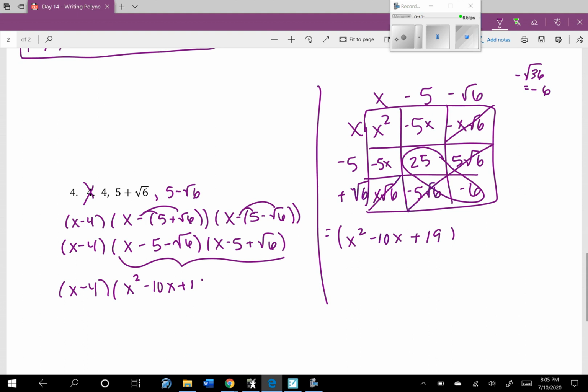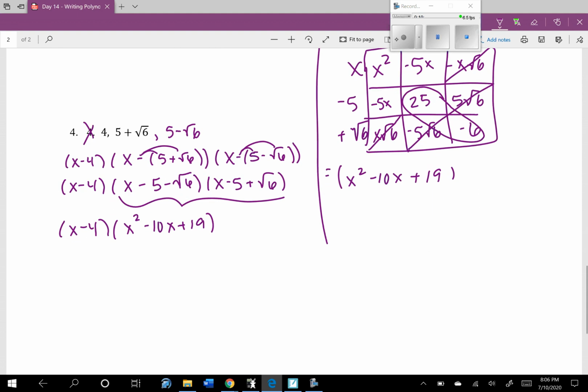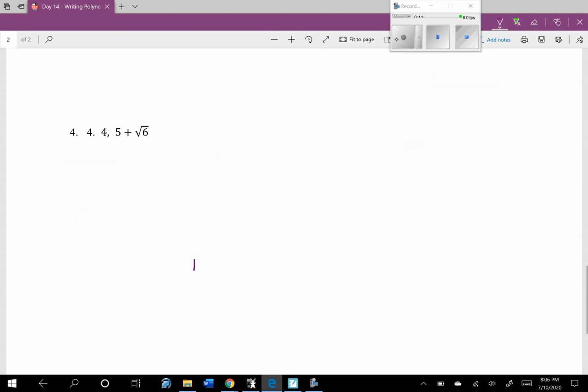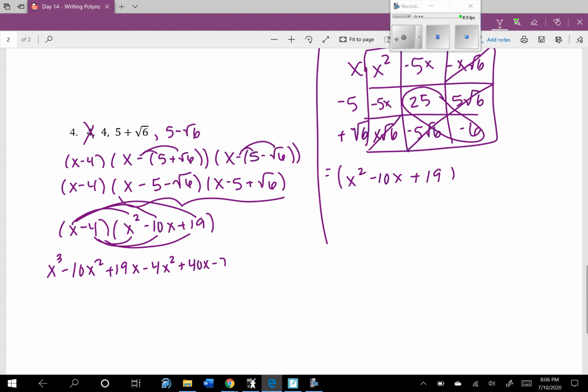If it helps you to do the box method to FOIL it out, that's fine, or if you don't need to, that's perfectly okay too. And then of course we're going to multiply this again, so you could do the box method again, or you're just taking the x times all three of these, and then the negative 4 times all three of these. So when we do that, we get x cubed minus 10x squared plus 19x minus 4x squared plus 40x minus 76.